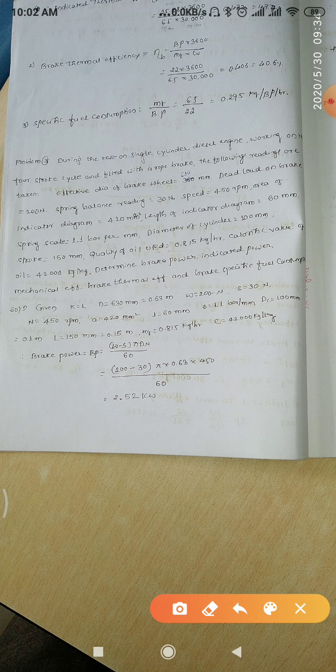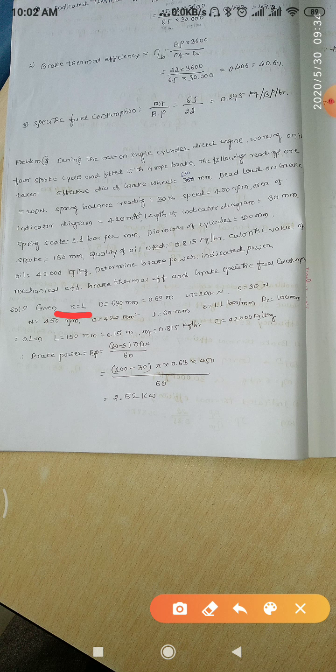Here k equals number of cylinders, that is single, which means 1. Diameter of brake wheel is given 630 millimeter, that is equal to 0.63 meter. Weight is given 200 N. Spring reading S equals 30 Newton. N equals RPM 450. Area equals 420 millimeter square.